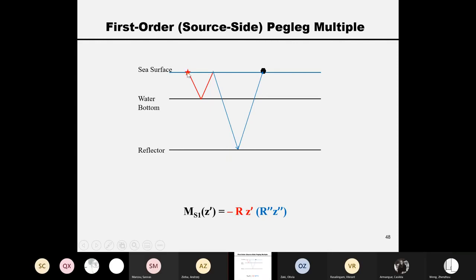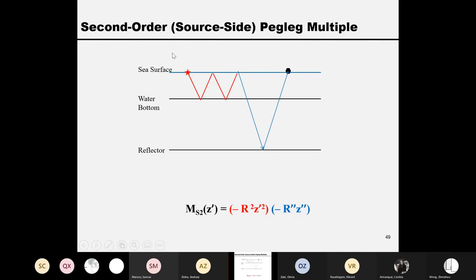Your wave actually goes from the source to the water bottom, reflects to the surface, comes back down, goes to the reflector, and goes back to the surface, okay? So you pre-multiply by minus RZ prime. Minus means here, and the R is here, right?